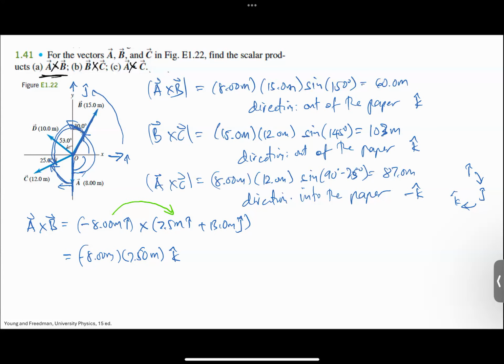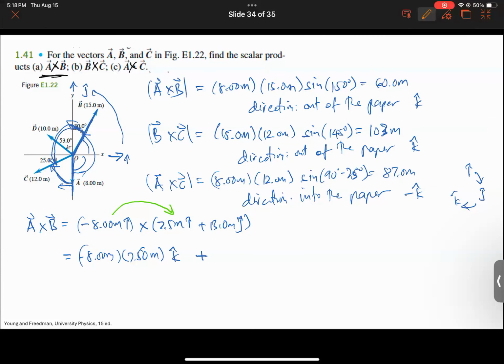Okay, and then plus, this one, 8 times 13, so 8.0 meters times 13 meters. Sorry, this is J actually. J cross I hat, so that's negative K. Then this is J cross J, and J cross J is 0.